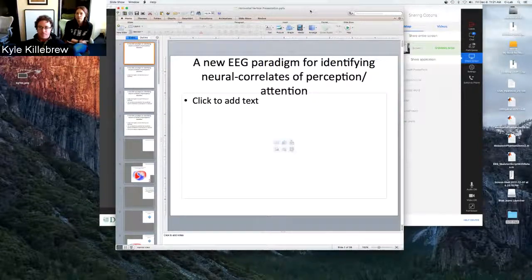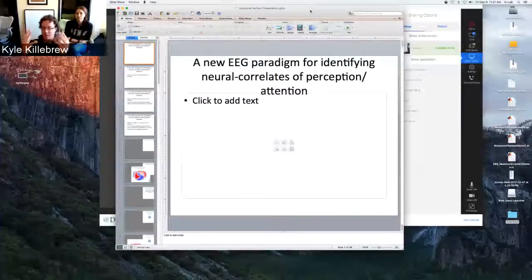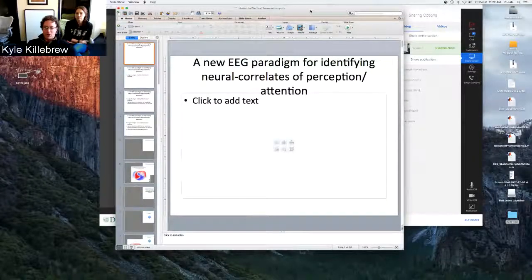But I had this sort of vision of picture a series of RSVP streams along a clock face. And those RSVP streams are all going at one specific rate. And I have you systematically attending to different ones. And can we look at this distribution of frequency tags and be able to decode where you're attending?